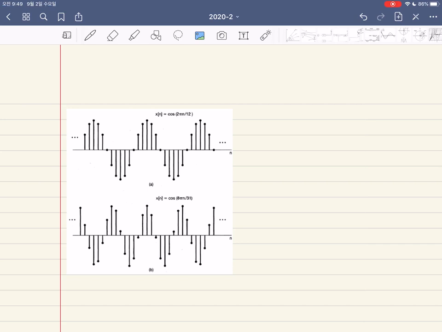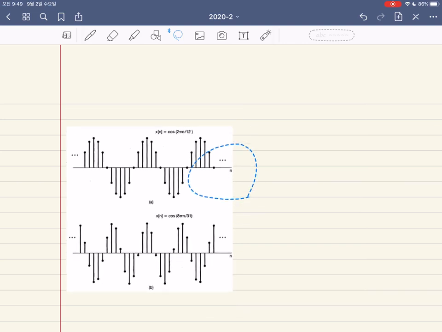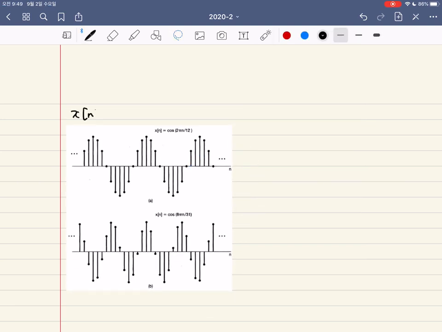So here are some examples, and I want to rewrite the definition here to compare what kind of value it has as large omega 0. So for the upper example, what's the omega 0?